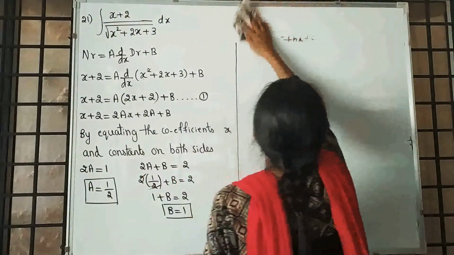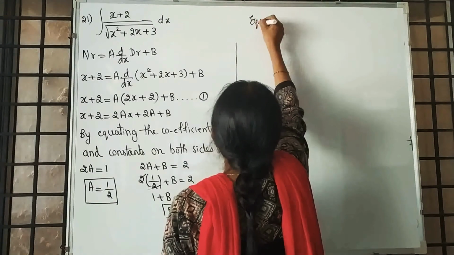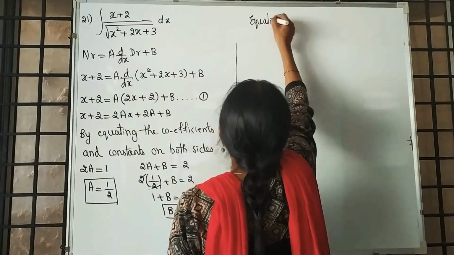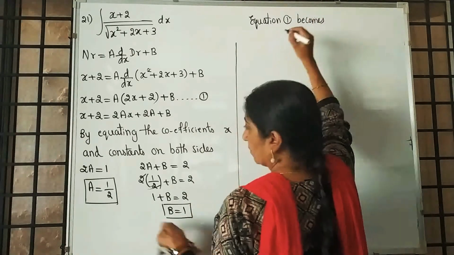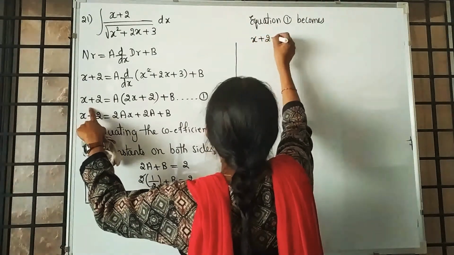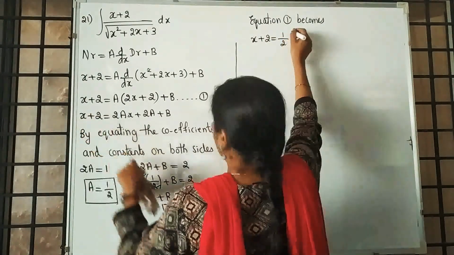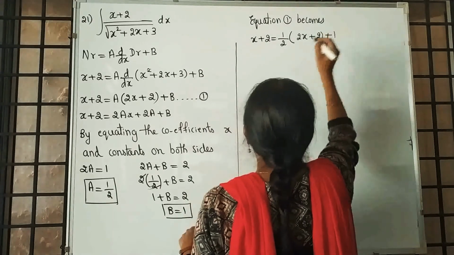Therefore, equation 1 becomes x plus 2 is equal to a is 1 by 2, 2x plus 2, b is 1.